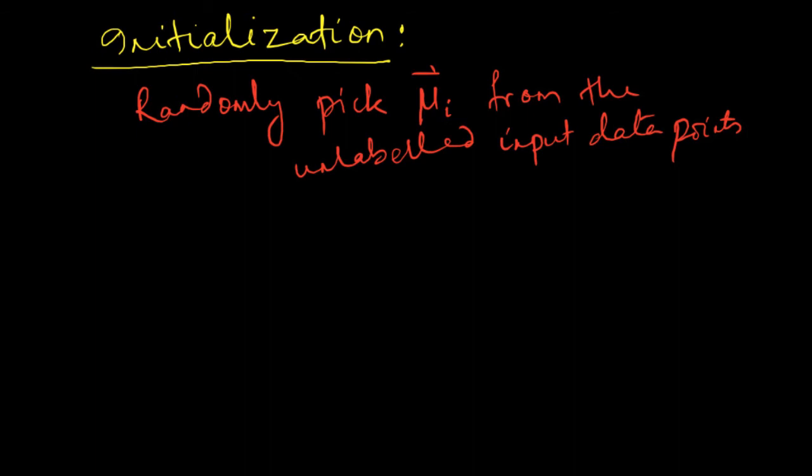For each of these points mu I, you compute the covariance matrix by using the entire data. What does that mean? For each point mu I, you assume that the entire data belongs to that particular cluster, and then using that you estimate your covariance matrix.